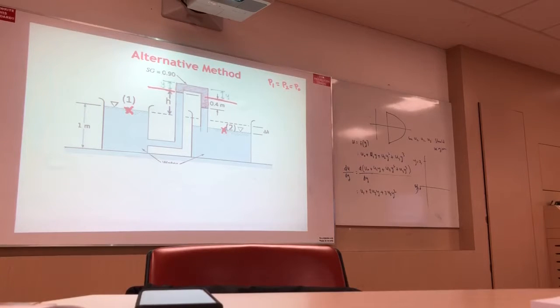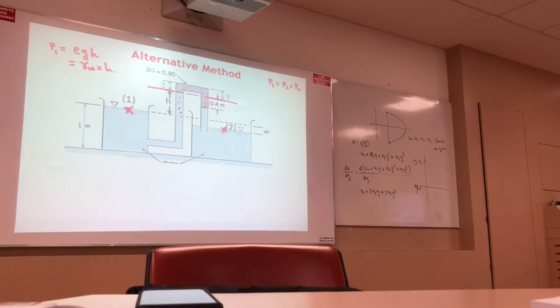Alright? So what is the value of P1? Tell me. P1 is equivalent to rho g times this H. That means here is water, right? This is water. That means I can write gamma of water times H.